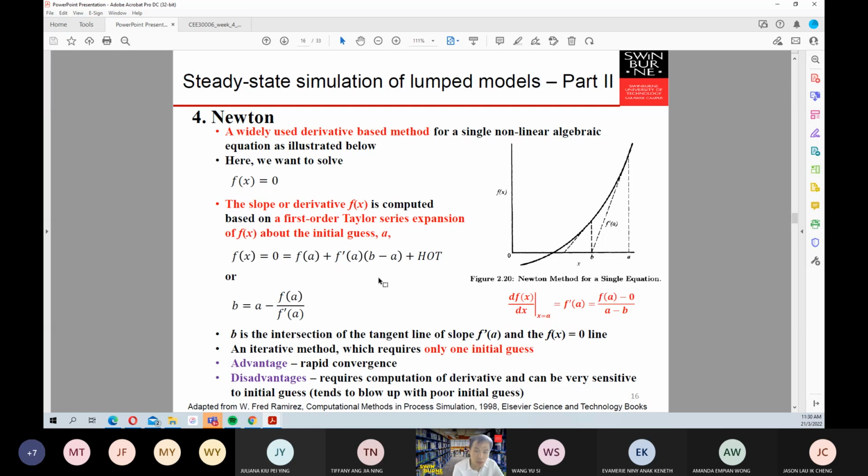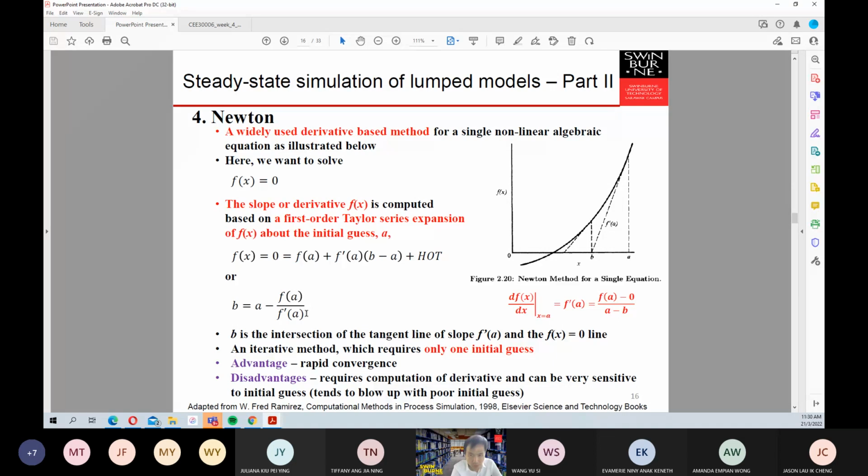Here you just use the first term of the expansion and don't care about the higher order terms. You set this equal to 0 and manipulate it such that b is equal to a minus f(a) divided by the derivative of f at a.